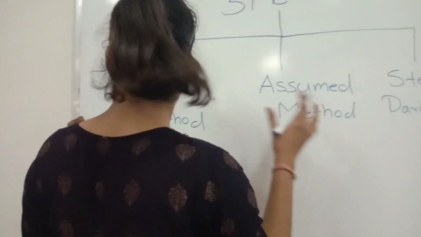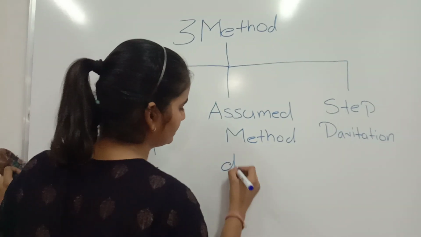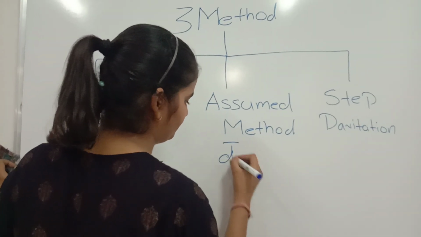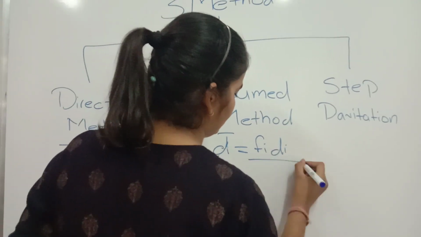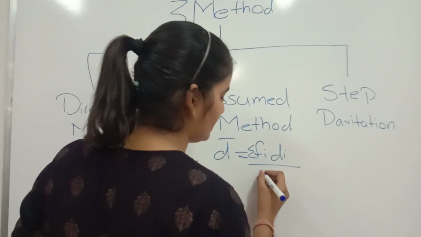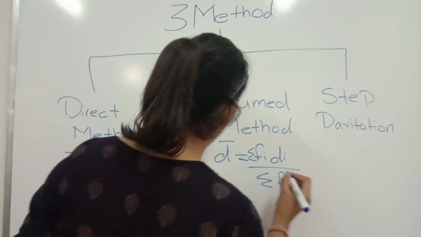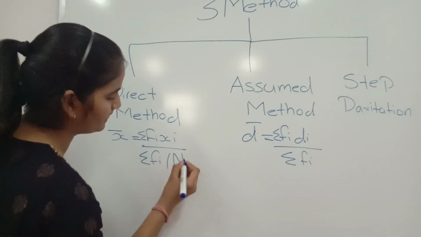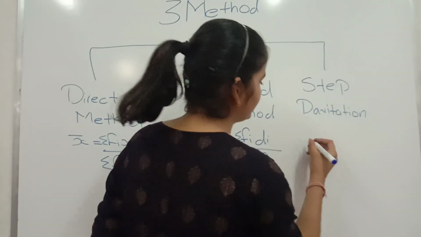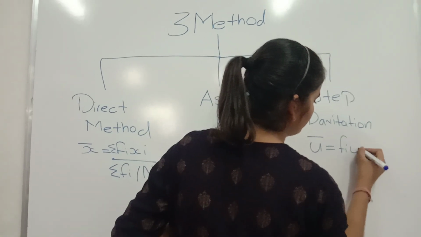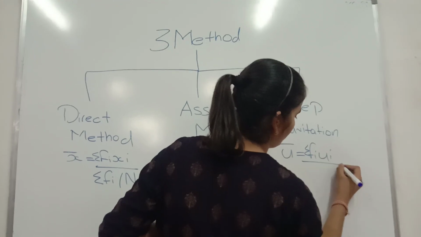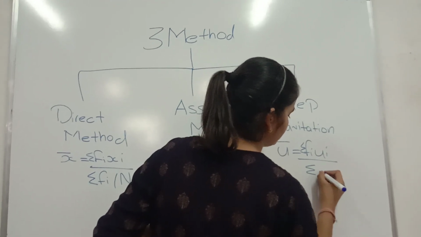Talking about the assumed method, d bar equals summation fi di upon summation fi, or here you can also give n. And for the step deviation method, u bar equals summation fi ui upon summation fi.